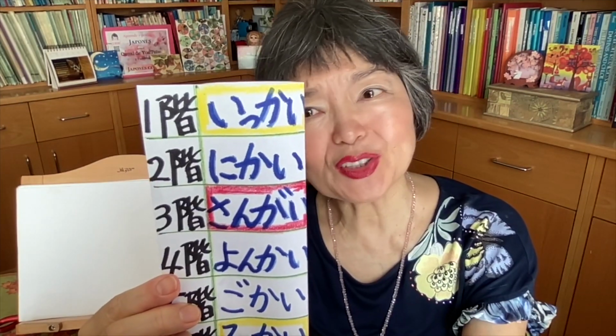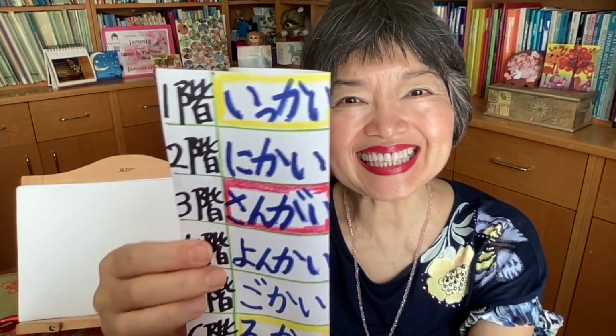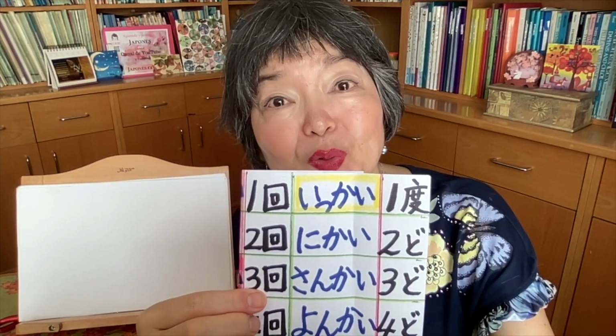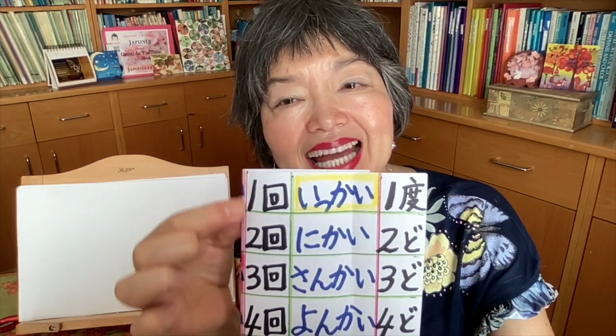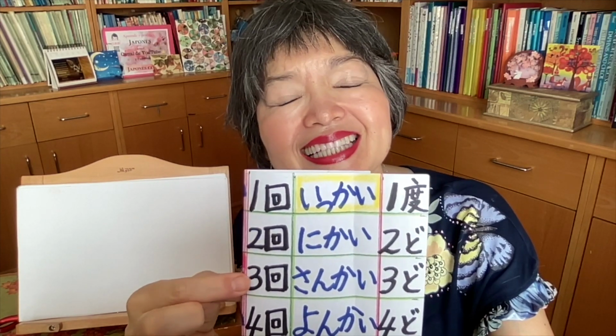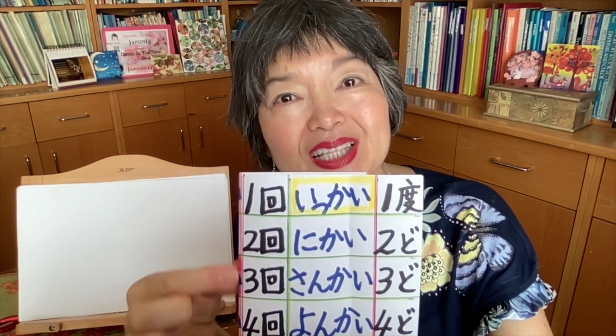1階、2階、3階、4階、5階、6階、7階、8階、9階、10階, and which floor? 何階? The kanji of the counter word for the floor is this one. Because if you write with this kanji, 1階、2階、3階, this means once, twice, three times.